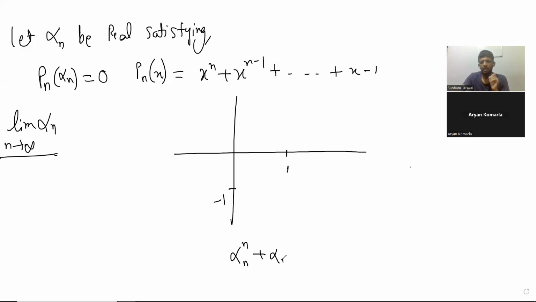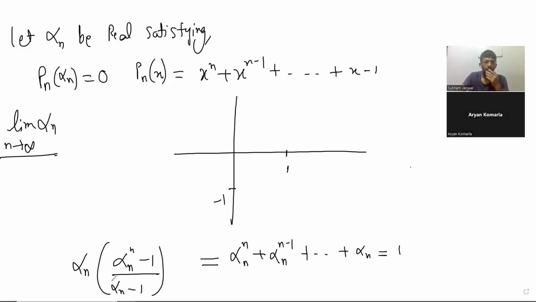So if alpha n is this, we might be able to use the GP. Then what happens? We get this, times alpha n, equal to 1.